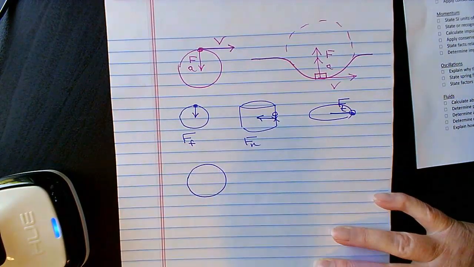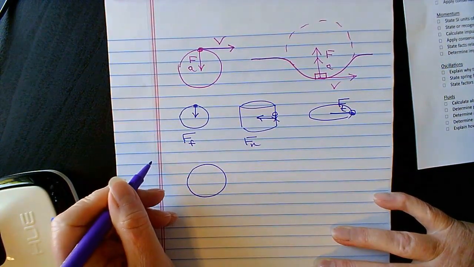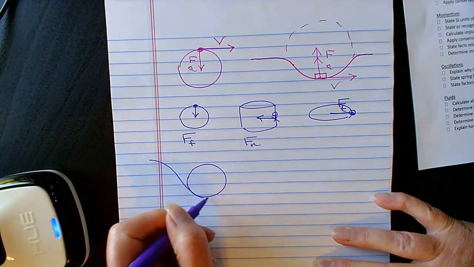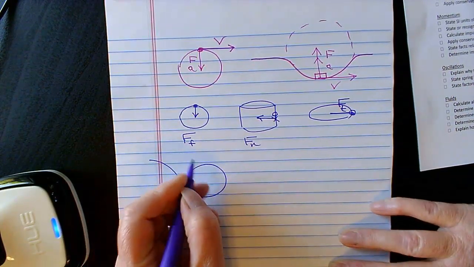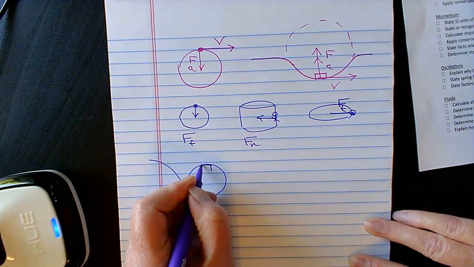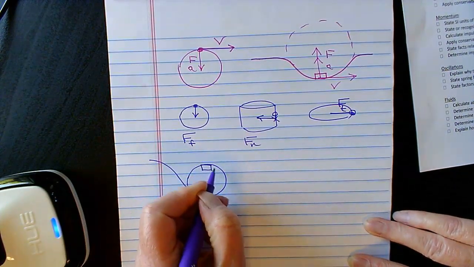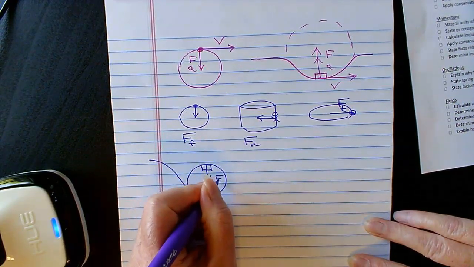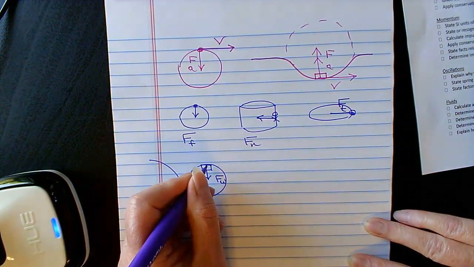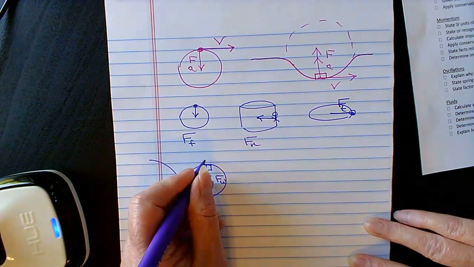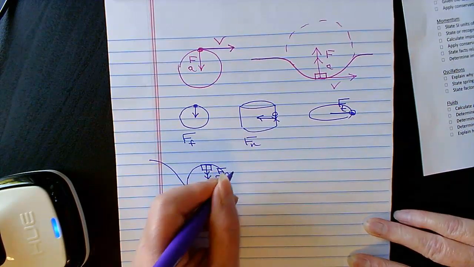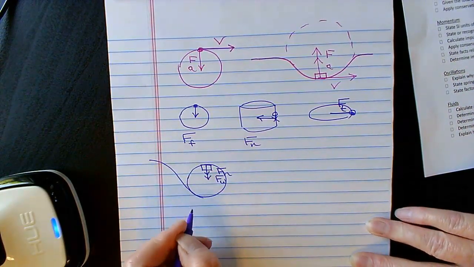So let's do a vertical circle. Let's call this a roller coaster, and something's coming down and going into this vertical loop. If we had the roller coaster right here, upside down in the vertical loop, we have FW pointing towards the center of the circle, and the coaster pushes on the track, the track pushes back on the coaster. We have FN also pointing to the center of the circle.